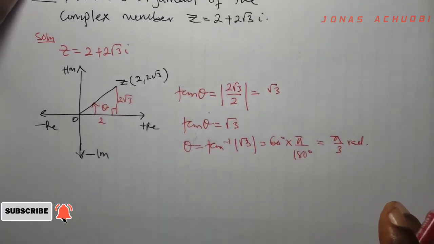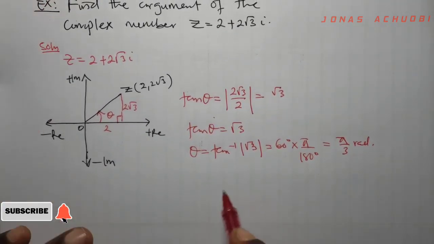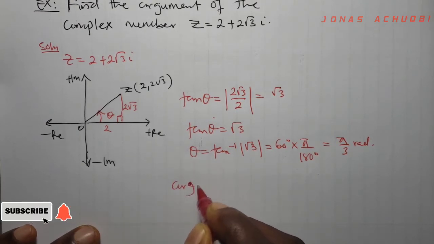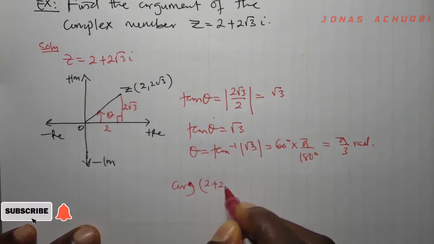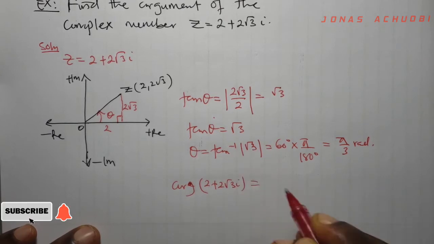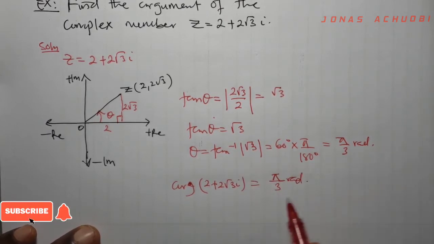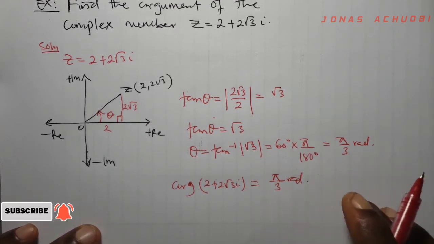So the argument of the complex number 2 plus 2 root 3i is pi by 3 radians, and that is because the complex number given to us falls in the first quadrant.